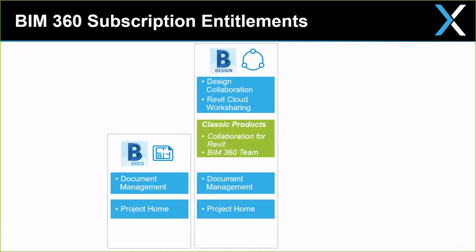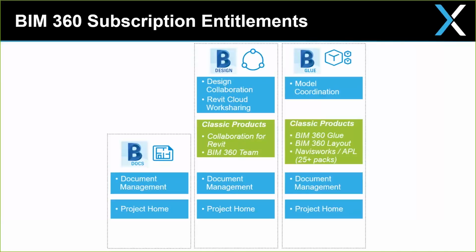But at the same time, if you need the old C4R and BIM 360 Team, this is where you can purchase from. And don't forget, the new BIM 360 Design will only work on Revit 2018.3 and onwards, so 2019, etc. If you've got a project which is in an older version of Revit than that, you obviously still need to use the classic products in Design, etc.